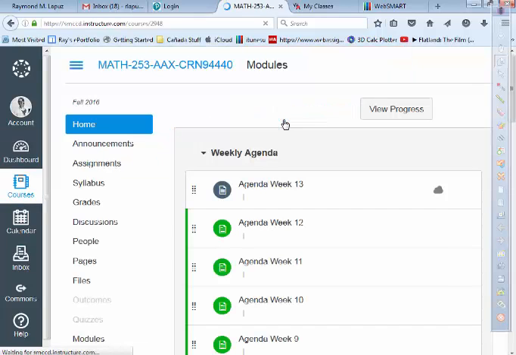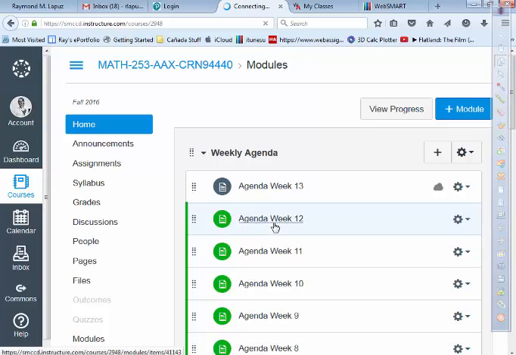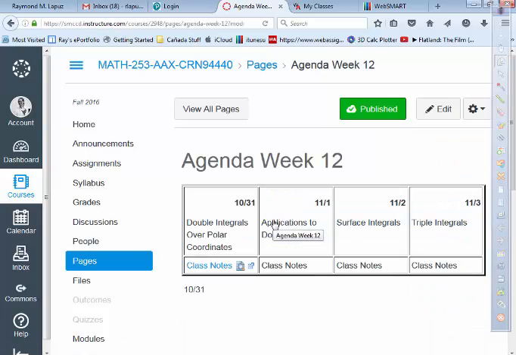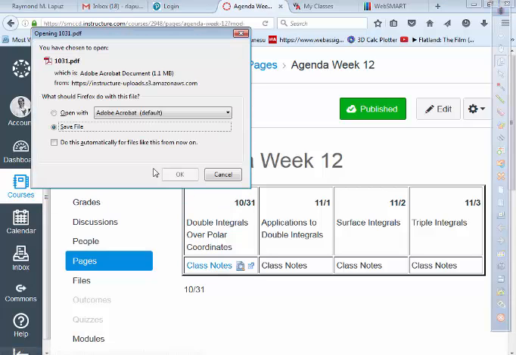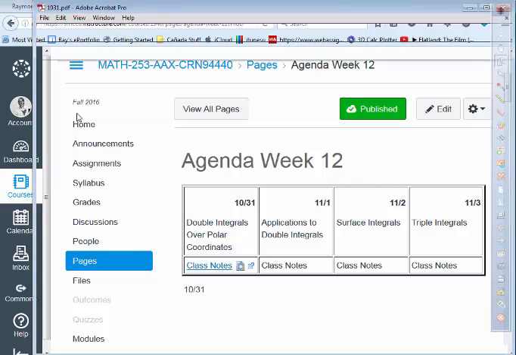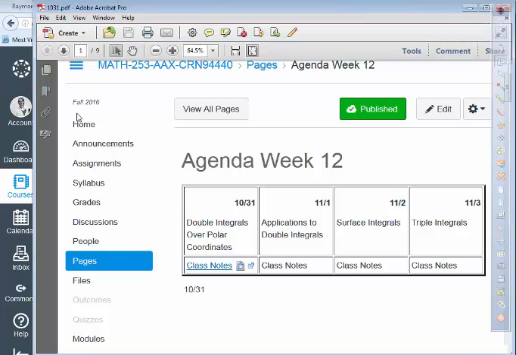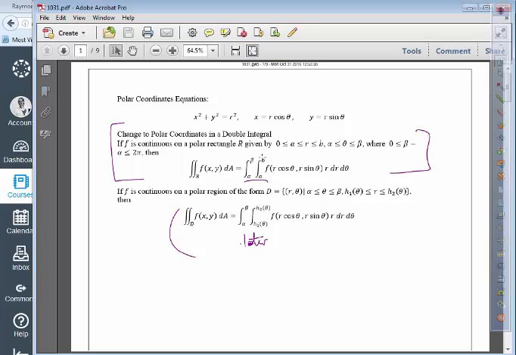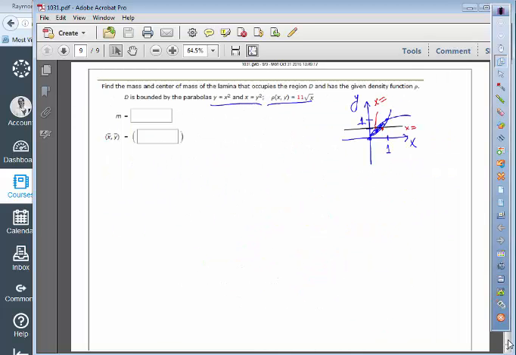All right, let's find that last example. Oh, here it goes.